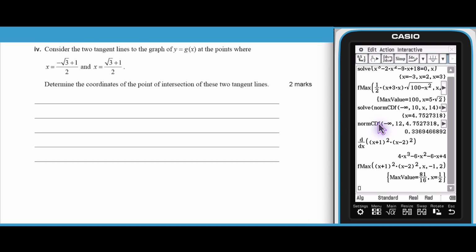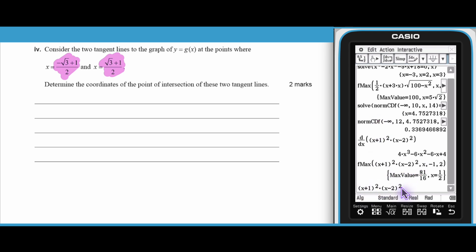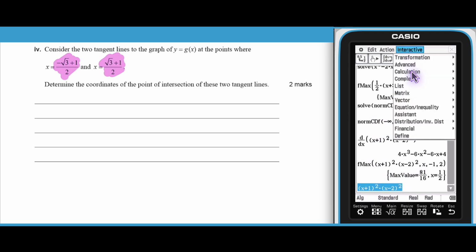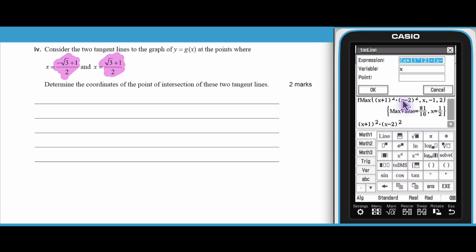In Part C, Part 4, we are asked to consider the intersection of tangents to y equals g of x drawn at these 2 points. I'm going to use ClassPad to find these 2 tangents, first by dragging g of x into a new line, using the tan line command from the interactive calculation menu and making sure I carefully enter the first x coordinate.